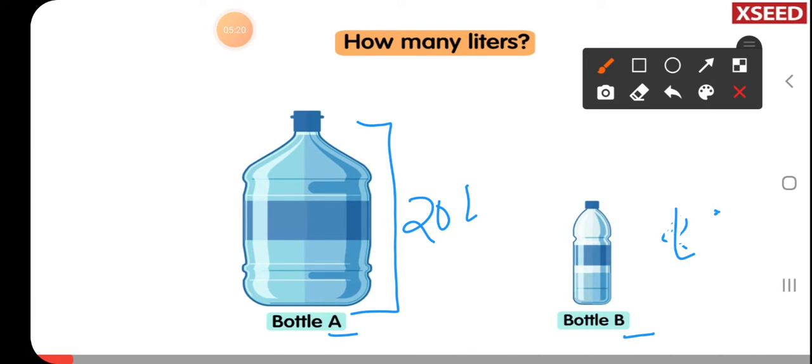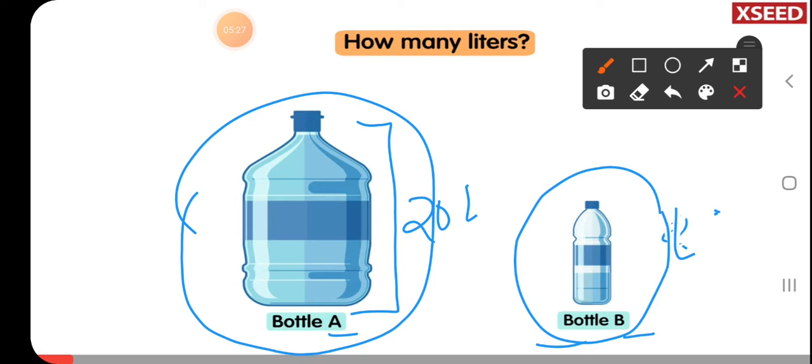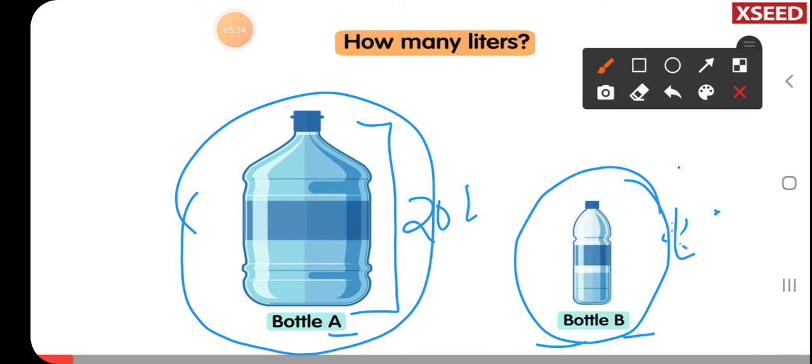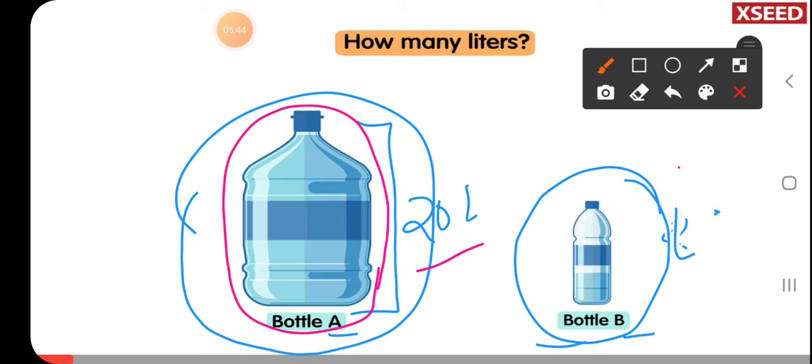Now here the capacity means how much liquid this entire container can hold, that is becoming its capacity. Now if you observe clearly, let us talk about the volume. In this particular bottle A, the entire bottle A is filled with water. So the volume here is 20 liters only. But in bottle B, even though its capacity is 1 liter, only a part of the bottle is filled with water.